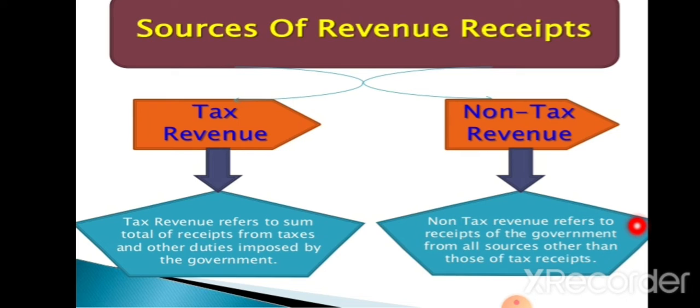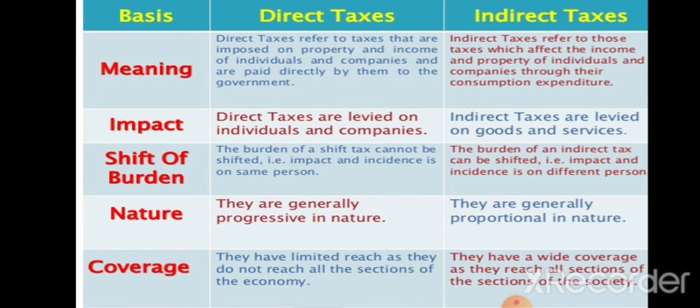A tax is a compulsory payment made by a person or a firm to the government without reference to any benefit the payer may derive from the government. Types of taxes are direct taxes and indirect taxes. Direct taxes are those taxes which are paid by the same person on whom they have been imposed.